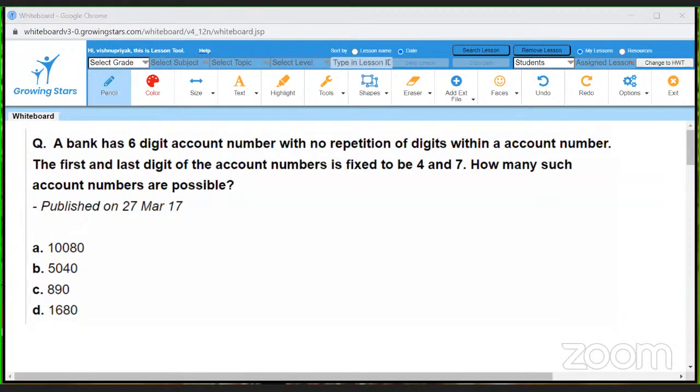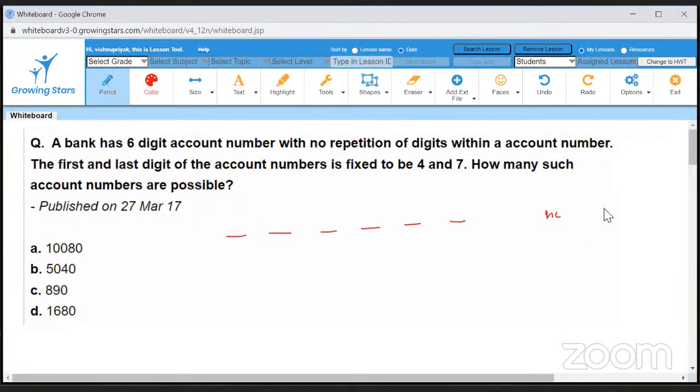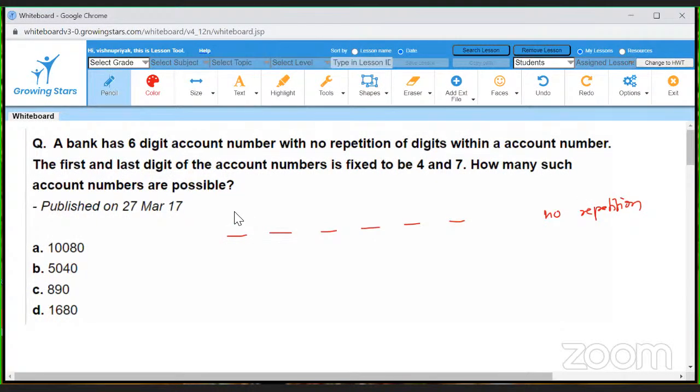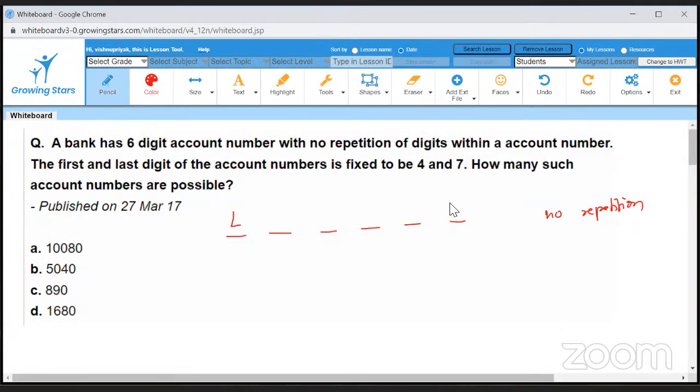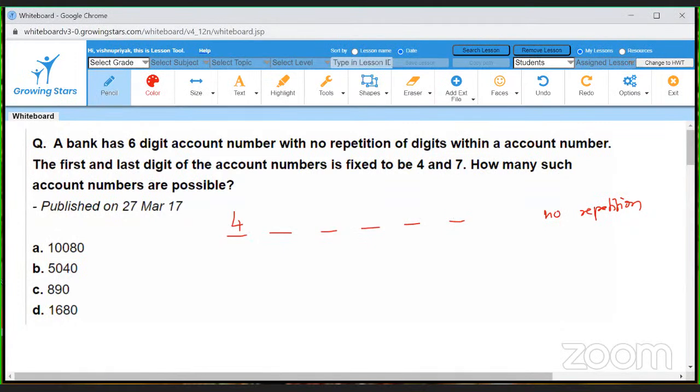So first of all, we need 6 digits: 1, 2, 3, 4, 5, 6. No repetition, remember that. And the first and last digit are fixed as 4 and 7. That is also given.